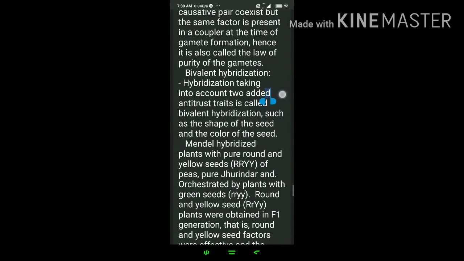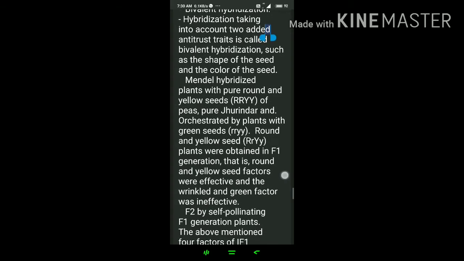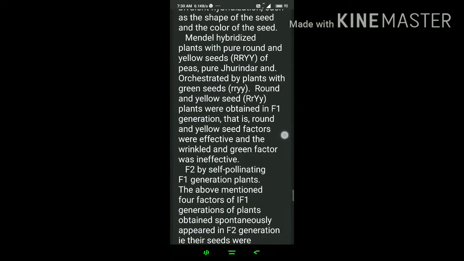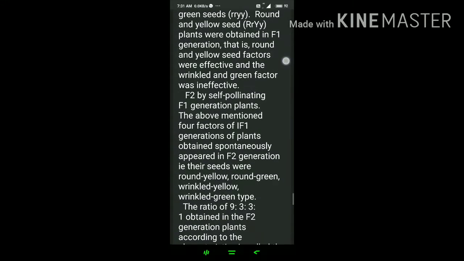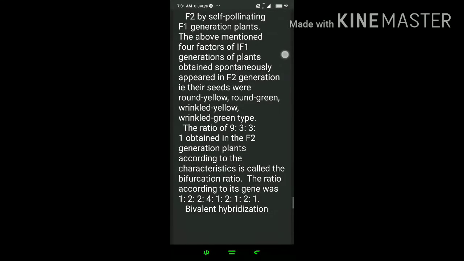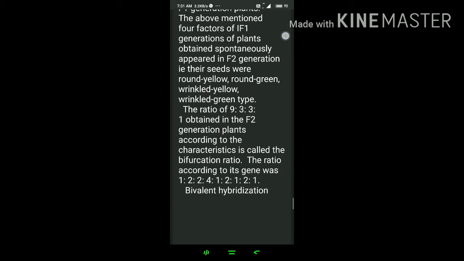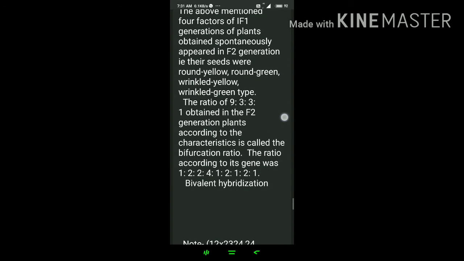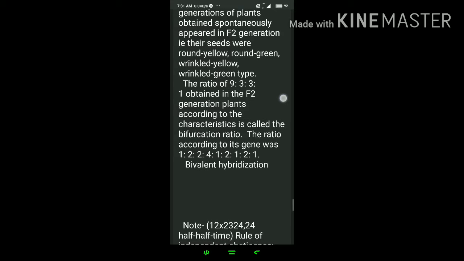Round and yellow seed RrYy plants were obtained in the F1 generation, that is, round and yellow seed factors were effective and the wrinkled and green factors were ineffective. F2 was obtained by self-pollinating F1 generation plants. The above-mentioned 4 types of plants appeared in the F2 generation, that is, their seeds were round yellow, round green, wrinkled yellow and wrinkled green. The ratio according to phenotype was 9:3:3:1.